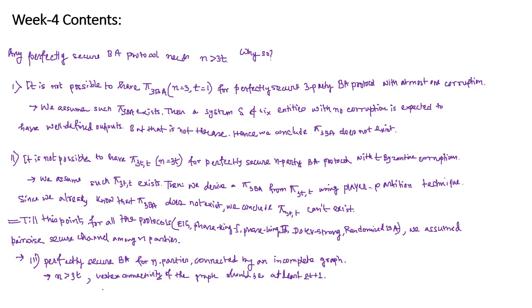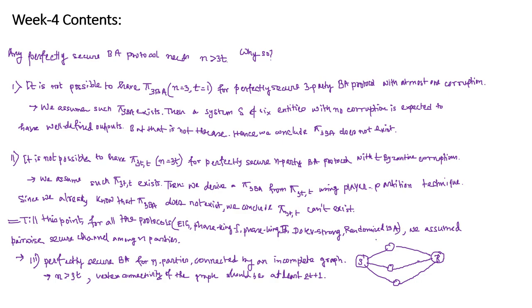So the concept is basically this: you have a sender and you have a receiver. In a complete graph you would always have a secure channel between S and R, but in the absence of that, you must have some vertex-disjoint paths from S to R.